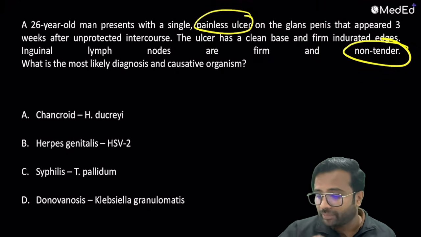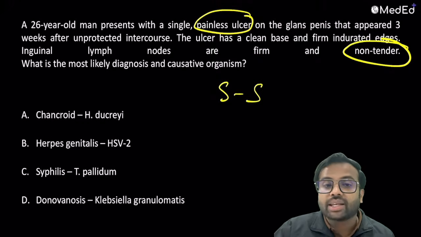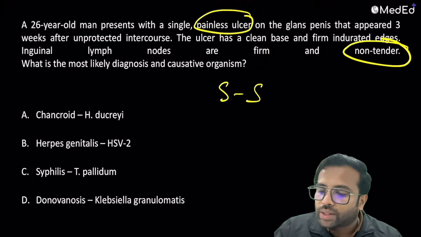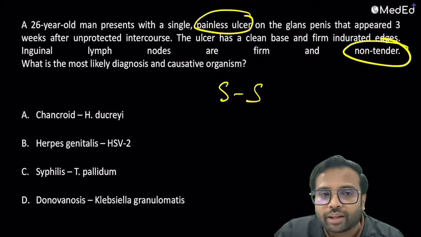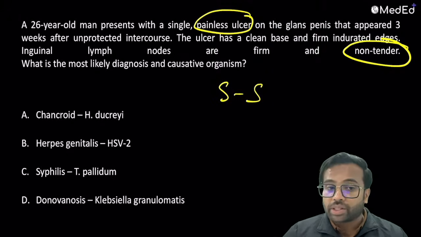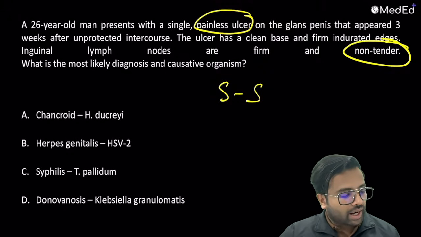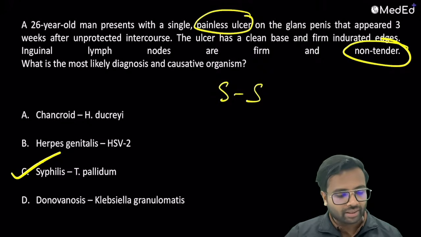As I told you, syphilis is a silent disease where there is a painless ulcer and painless lymphadenopathy also. The options are chancroid, herpes genitalis, syphilis and donovanosis. What is the right answer? Here this one should be syphilis, right?